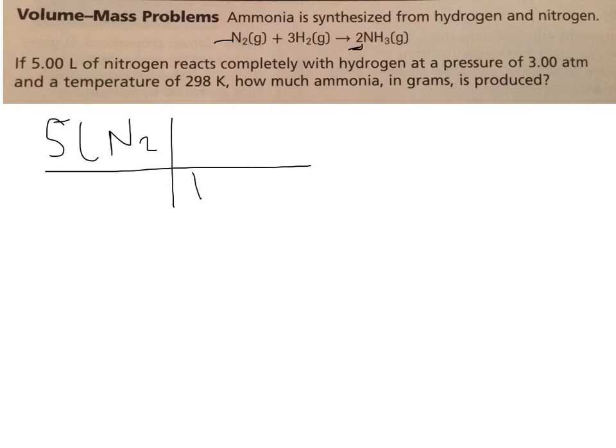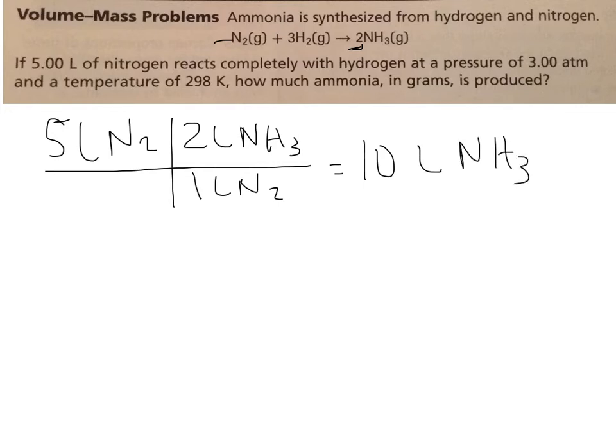So we have 1 liter of nitrogen on the bottom and 2 liters of ammonia on the top. And that's going to tell us that we're going to make 10 liters of ammonia for this particular reaction. And this should have 3 sig figs.